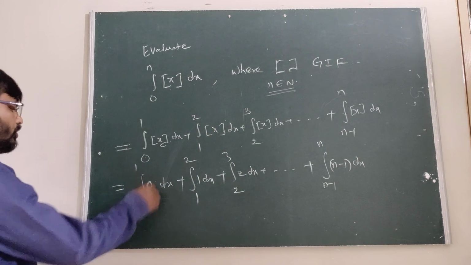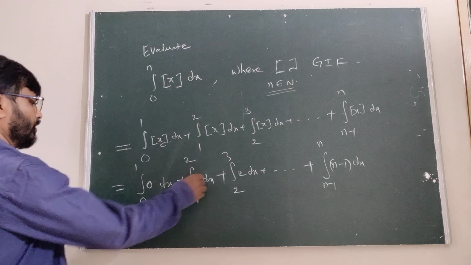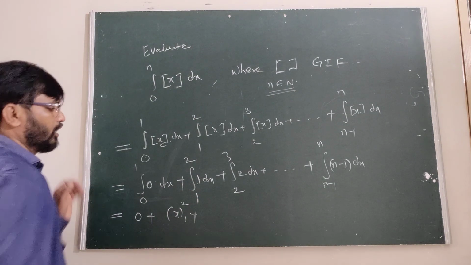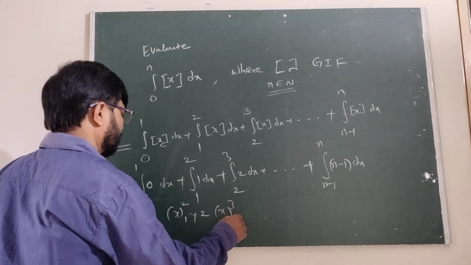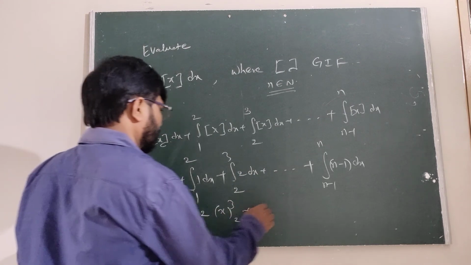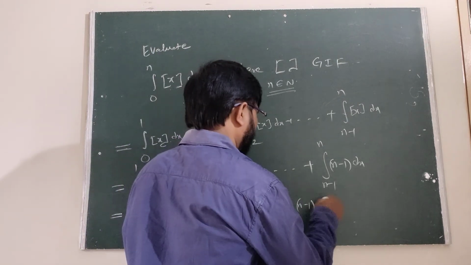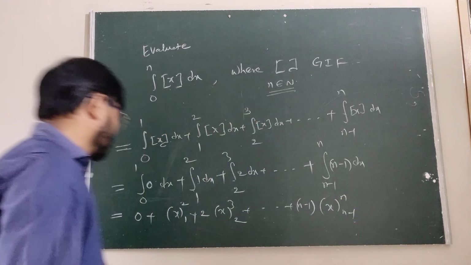After that, 0 into x is 0. Now 1 times x from 1 to 2, then 2 times x from 2 to 3, and so on, up to n minus 1 times x from n minus 1 to n. Is it clear?